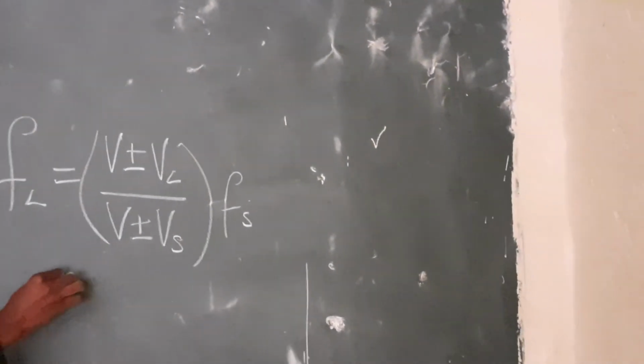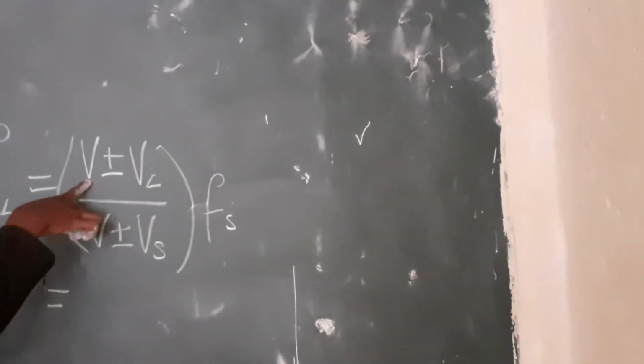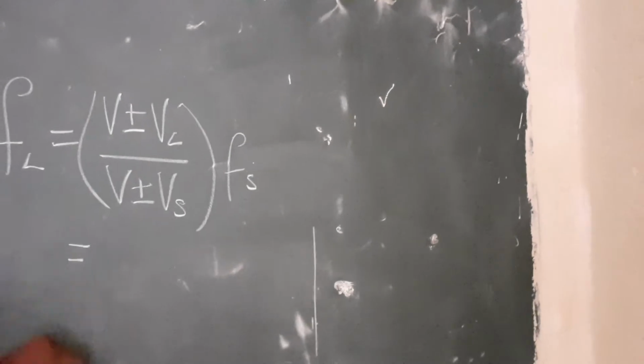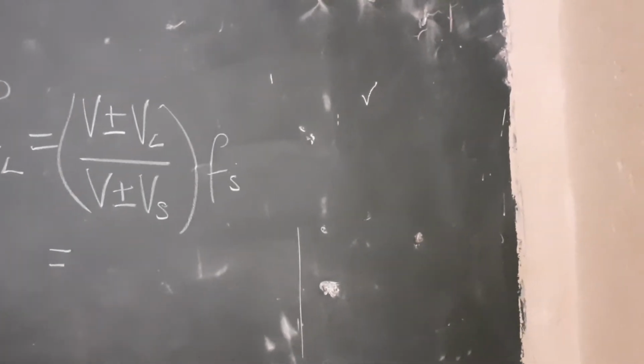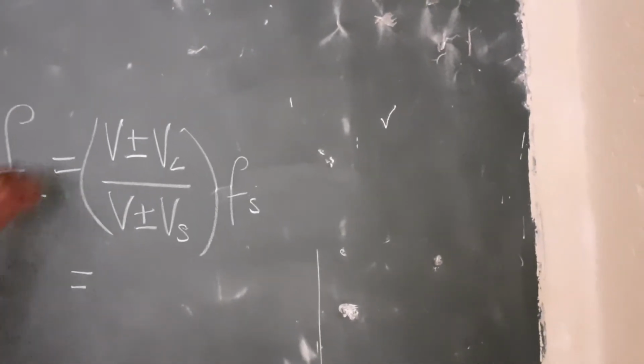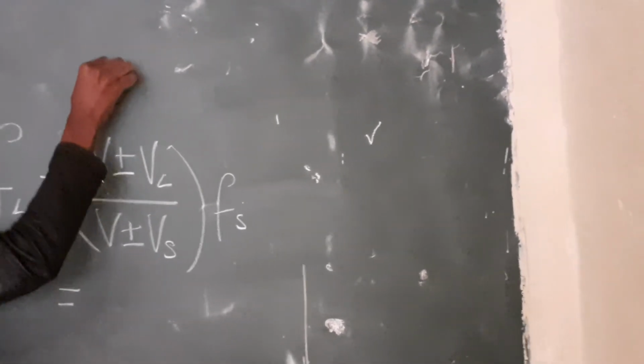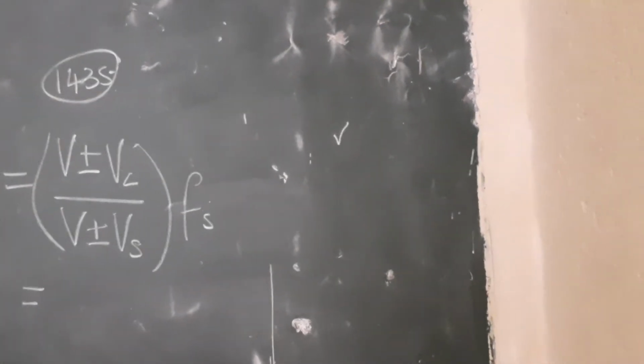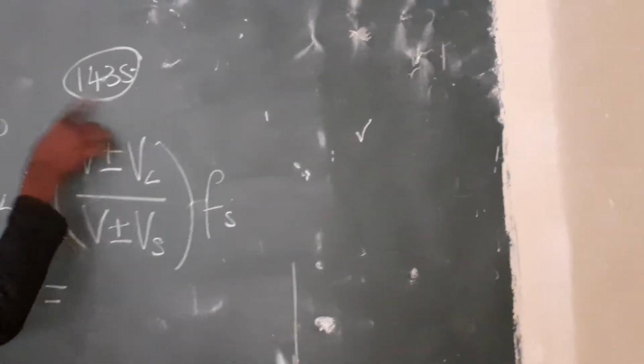Now, looking at the calculations, the velocity at which the sound is traveling here is not 343, because we are given the speed of sound in water as 1,435. So we are going to substitute it here, but before we substitute, let's write the formula.